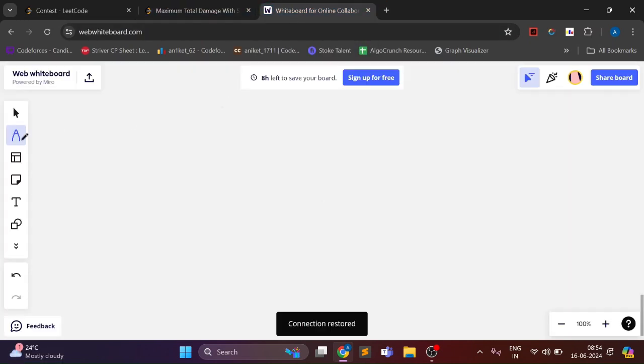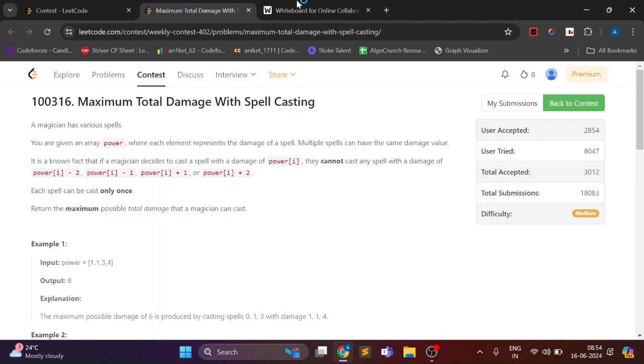So first observation, let's say I have to cast a spell X. If you have solved a lot of DP problems, the first thing which will come to your mind would be a DP solution.